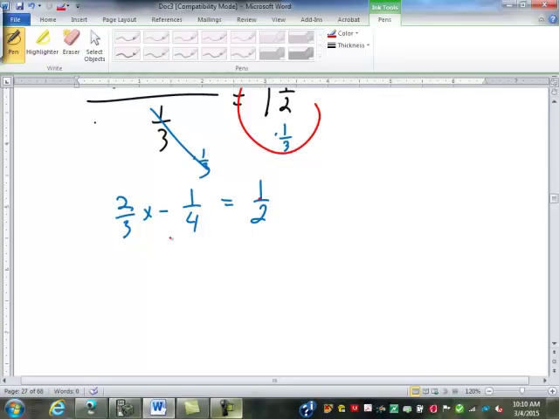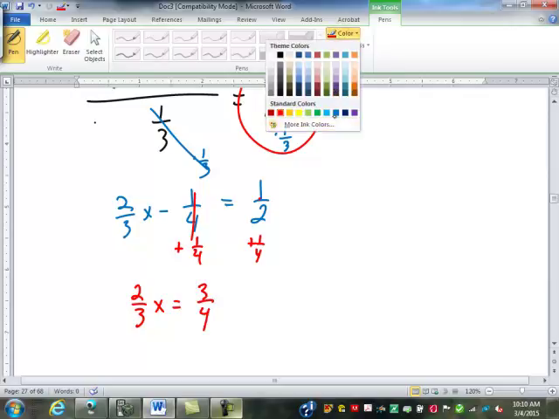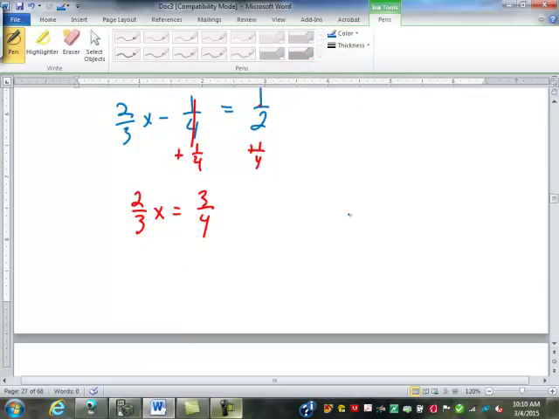What do we need to do? Add 1/4. 1/2 plus 1/4 is 3/4. And then we should divide by 2/3. X equals 3/4 divided by 2/3, which is 1 and 1/8.